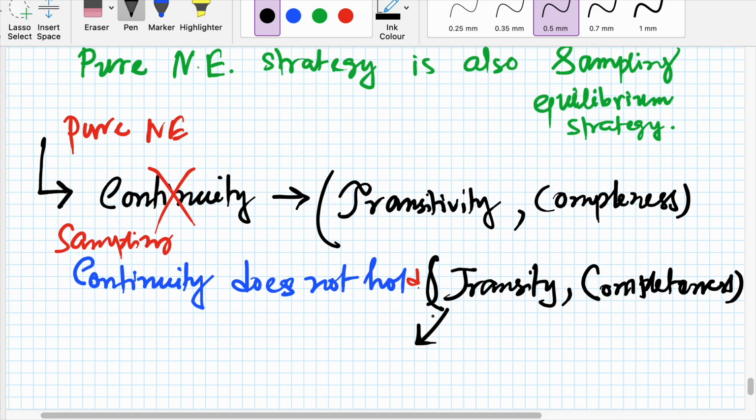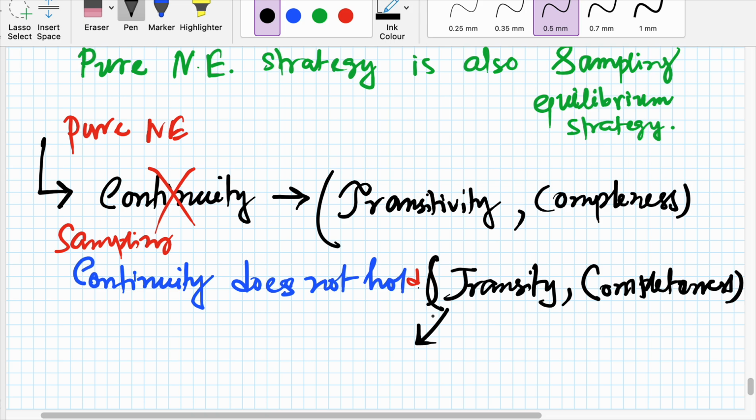So that's why for the pure case, in the Nash equilibrium also, there is no need of using the continuity axiom. Transitivity and completeness generate the Nash equilibrium, so if only these two axioms hold, we can calculate the pure Nash equilibrium.